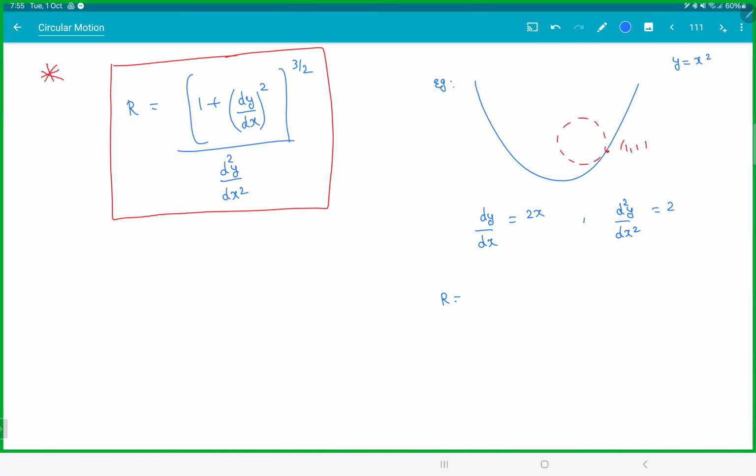So when I substitute in this formula, you get 1 plus 2x whole square, whole power 3 by 2, divided by 2. So this is the radius of curvature at any x. At x equal to 1, r is nothing but 1 plus 2 square, that is 5, power 3 by 2, divided by 2, so 5 root 5 by 2. Same answer.